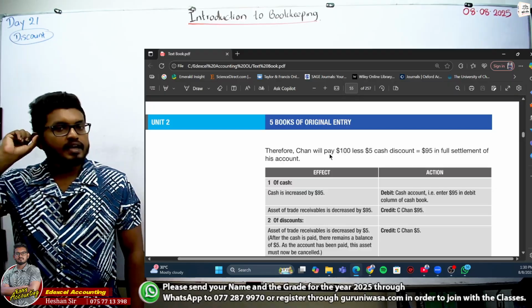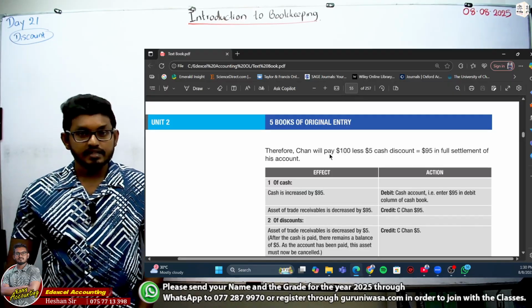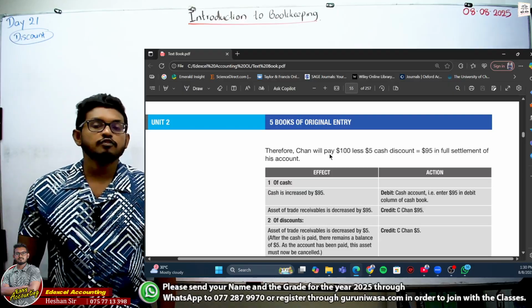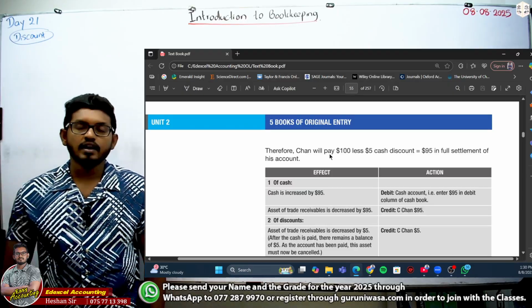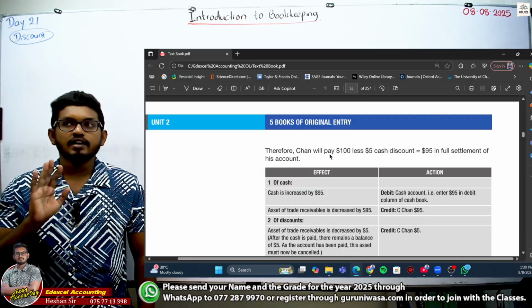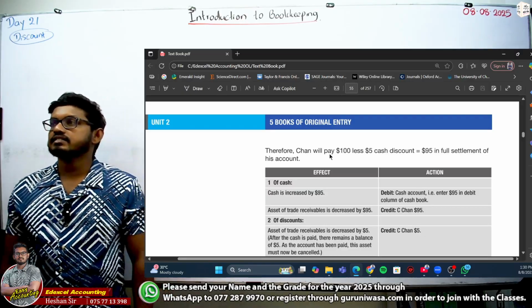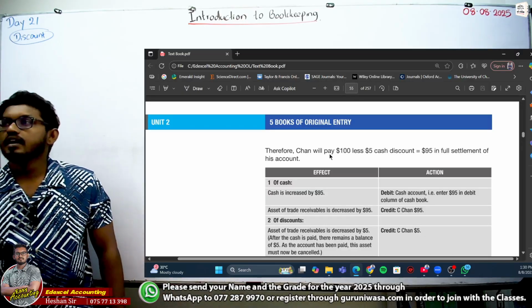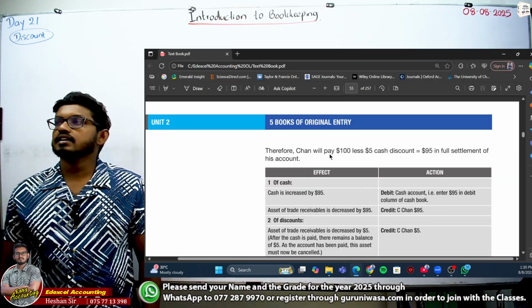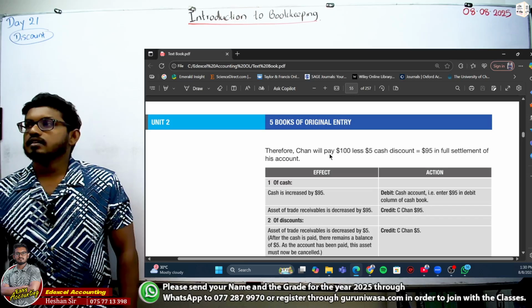So the supplier had 100 worth of trade receivable. But since he allowed 5%, which means $5, and since Chan pays only 95, trade receivable decreases. That's why cash account debit 95, C. Chan account credit 95.